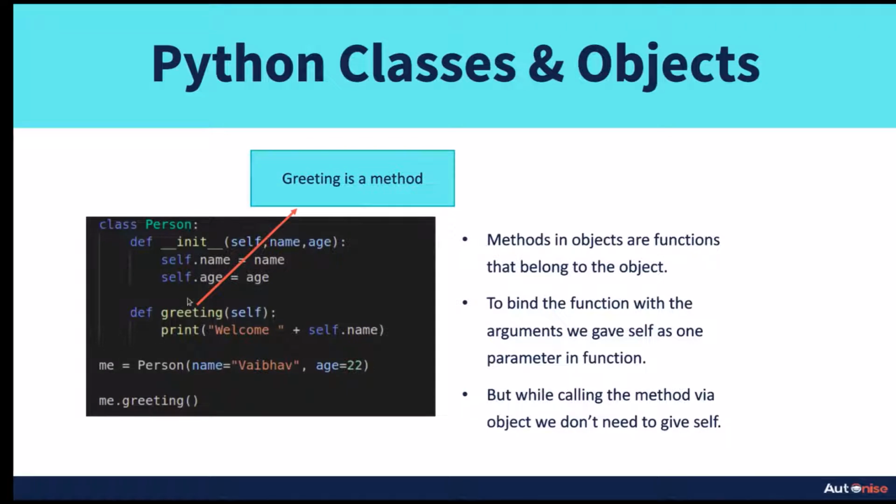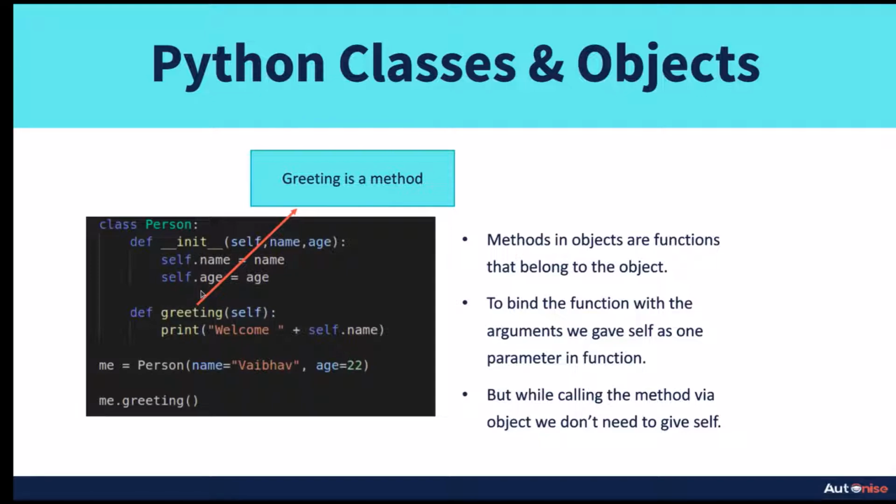So we can call this function from the object, like the properties which we can extract, like my name and my age. The way we extracted those properties from a class, we can do similarly for functions. And that's why these functions which we define inside the class are called methods.